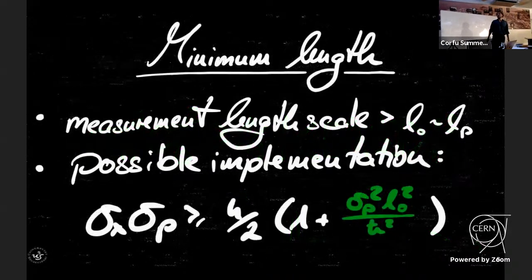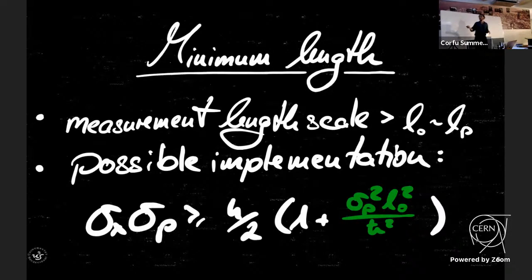Now, in the last, say, 20 to 30 years, this idea that there is a minimum length scale underlying everything coming from quantum gravity has become quite prevalent in the phenomenology community. This is related to DSR, where you have a maximum energy scale. That's the other idea, this fixed energy scale.